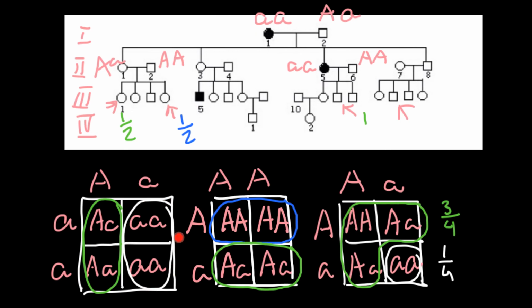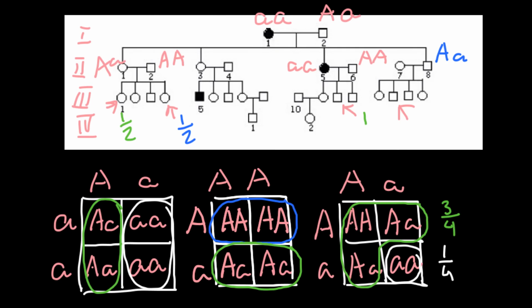The other variant would be affected, but we see that this person is not affected, so he has to be obligate heterozygous, and genotype has to be capital A and small a.